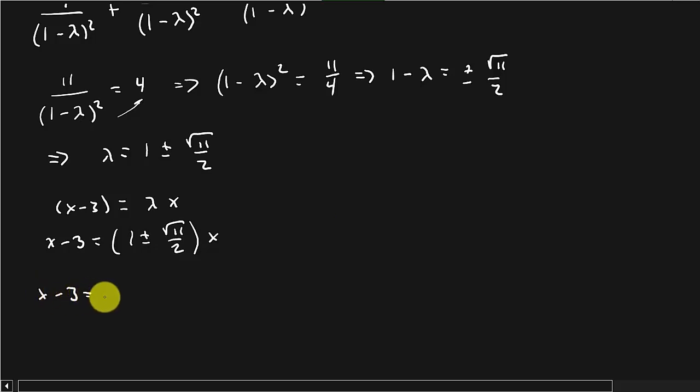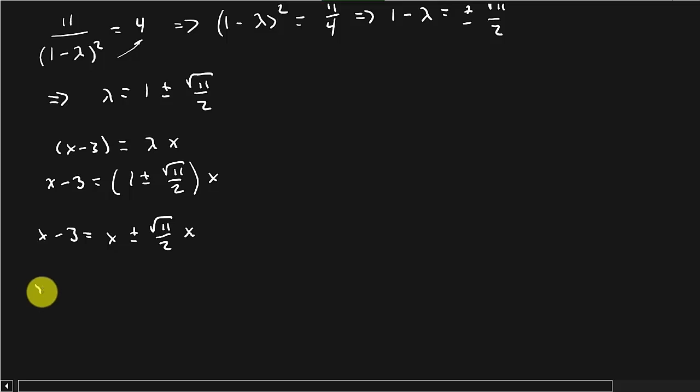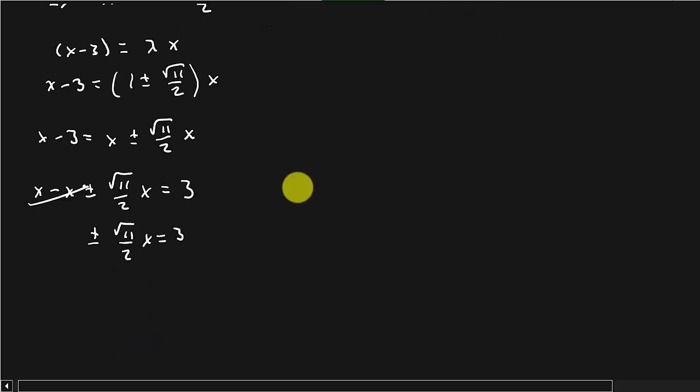And so this is going to give me x minus 3 equals x plus or minus square root of 11 over 2 times x. And so that's going to be x minus x plus or minus square root of 11 over 2 times x equals 3. See how that goes out? And so I'm left with plus or minus square root of 11 over 2 times x equals 3.